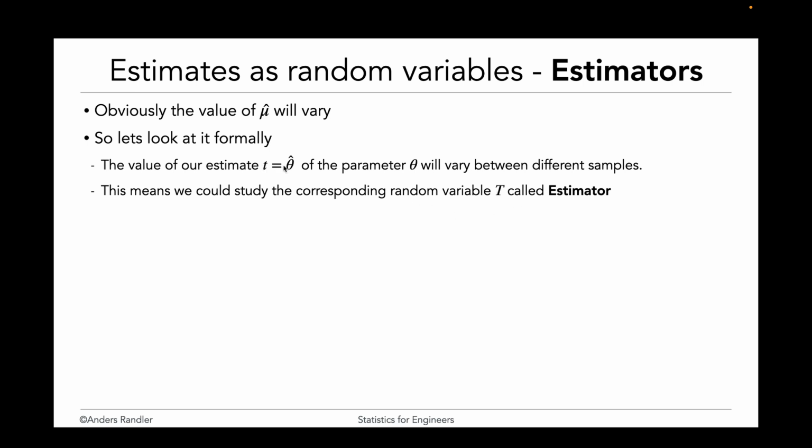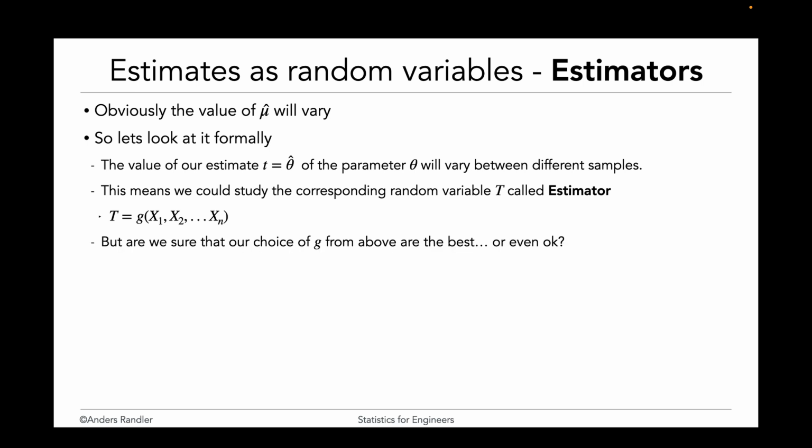This is our estimate. If this is some kind of random variable, I could call it capital T and call it an estimator. And the estimator is this function of the random variables in exactly the same way as we did with the normal distribution and calculating the estimated value for the expected value.